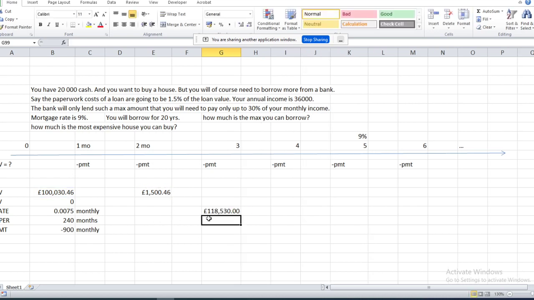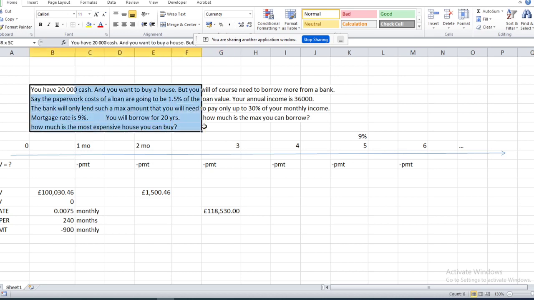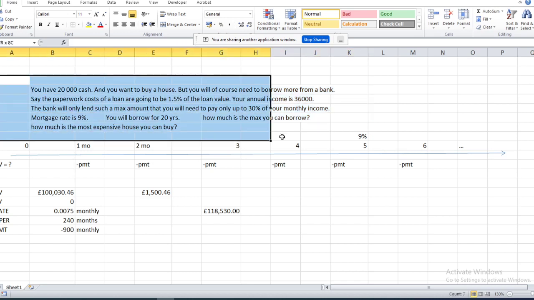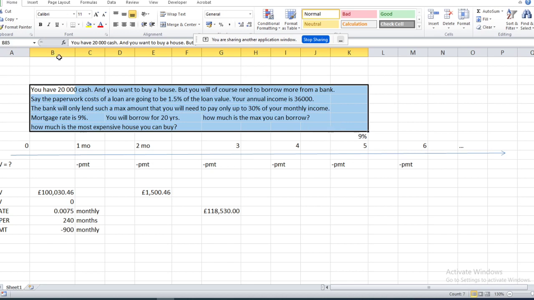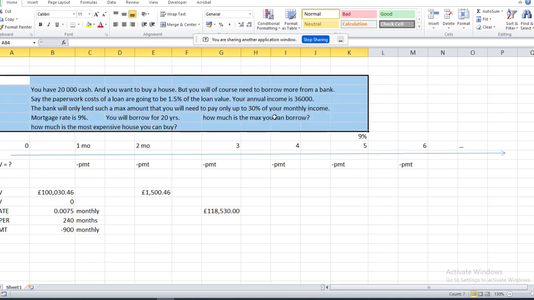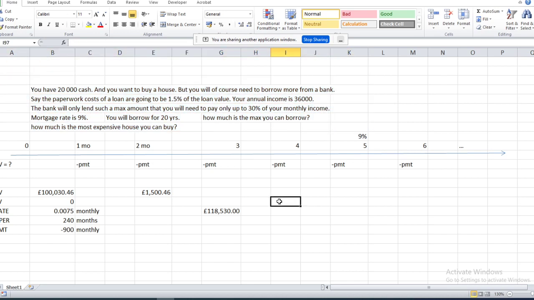Most expensive house I can buy costs $118,530. Okay, so the questions can be sometimes kind of tricky, kind of a lot of text. You gotta read it for a while. Most important thing, make sure you understand the question. Everything else is a relatively easy calculation.